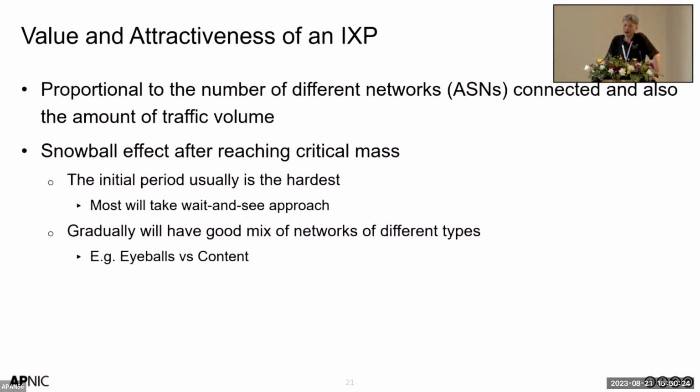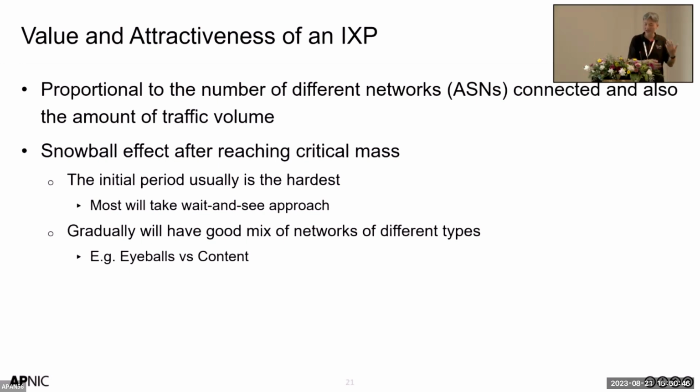Maybe now you have 3 networks connected. Maybe I'll wait until 6 networks are connected, then I'll connect to you. But who will be the number 4, number 3? It's very, very difficult.